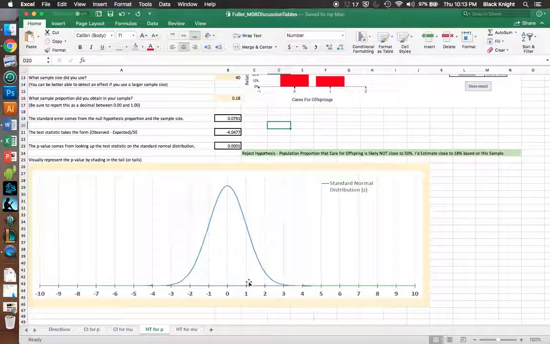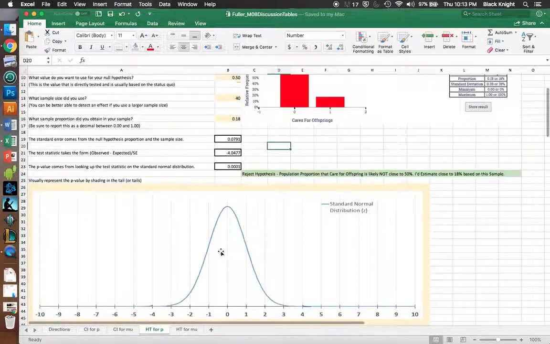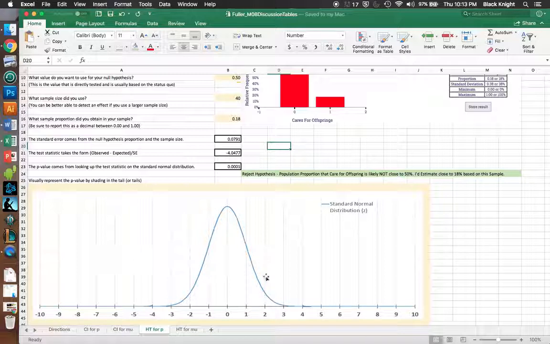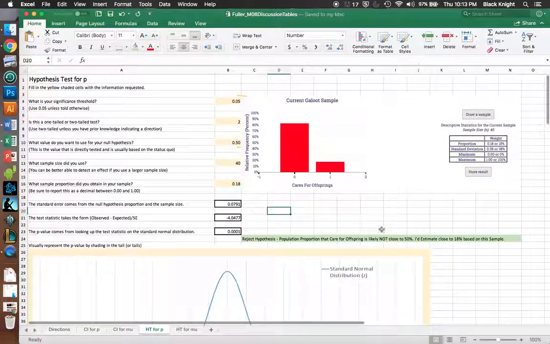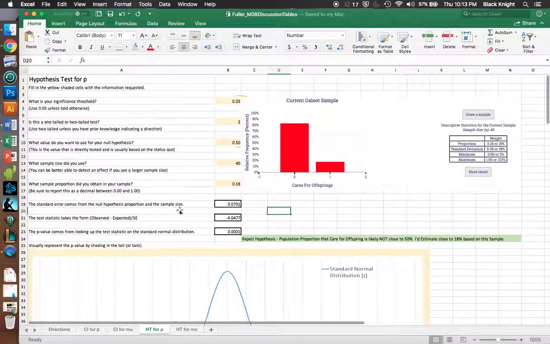So basically, almost all galoots would be within 3 standard deviations of that 50% caring for their offspring, and what we found was that they were not. So we can pretty much say that that is not the case, and we're expecting the number of them to be either lower or higher than that. Based on the sample I got, we're expecting about 18%, so significantly lower than what was predicted.